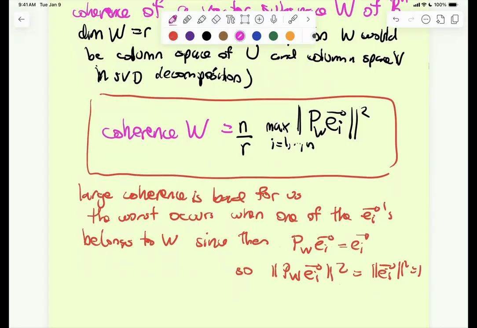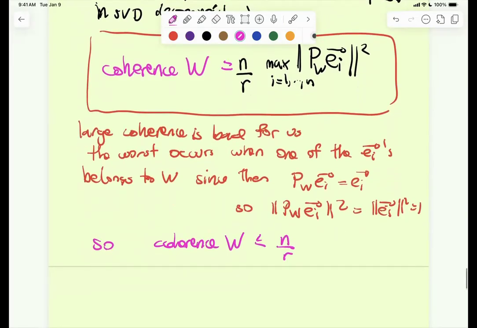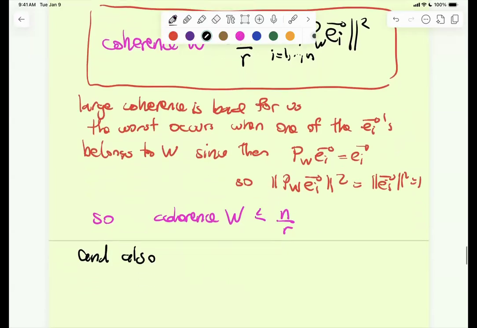So coherence, and the smallest value you can take is 1. And also it's bounded below by 1.